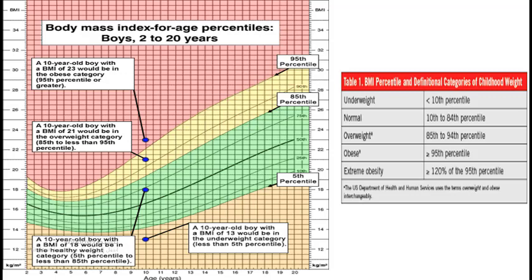Between 85 and 90 overweight, between 90 and 100 obesity, and upper 120 will be extreme obesity.